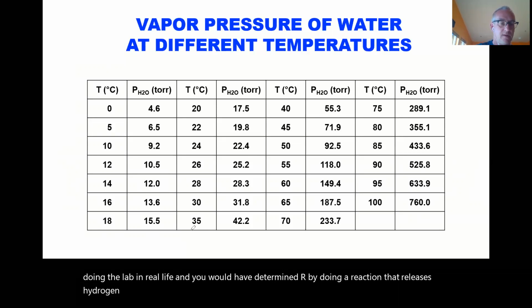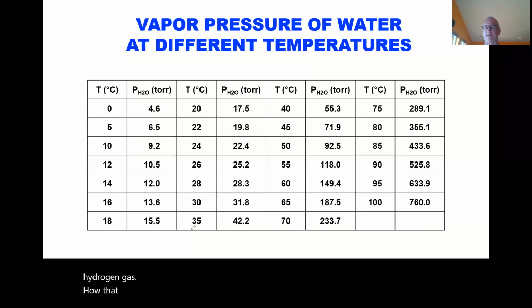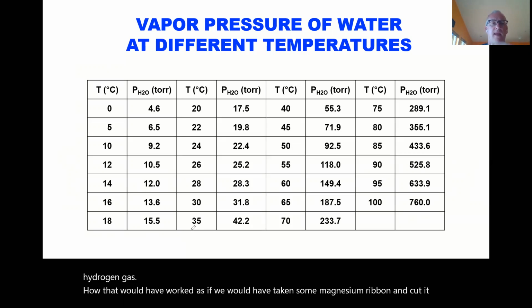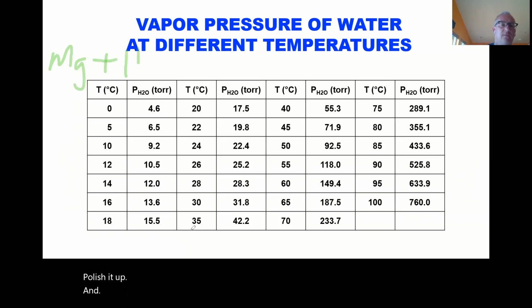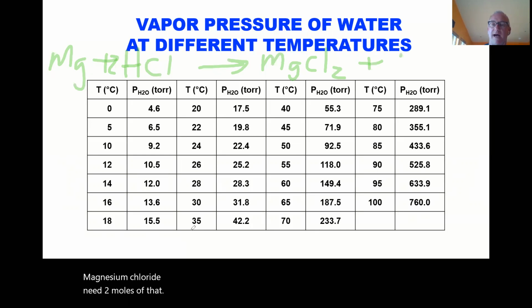So how that would have worked is if you would have taken some magnesium ribbon and cut it off, polished it up, and reacted it with hydrochloric acid. And when you do that, it makes magnesium chloride, 2 moles of that, and the other product is hydrogen gas.